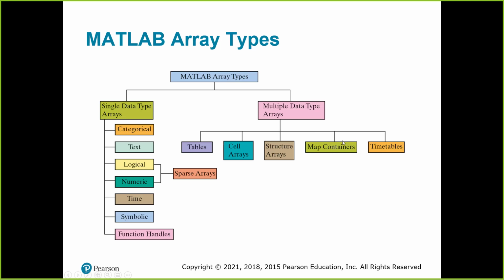I don't remember map containers coming up in this chapter. And as I said before the recording started, the textbooks we're using for MATLAB are trying to push away from cell arrays and structure arrays and focus mainly on tables.